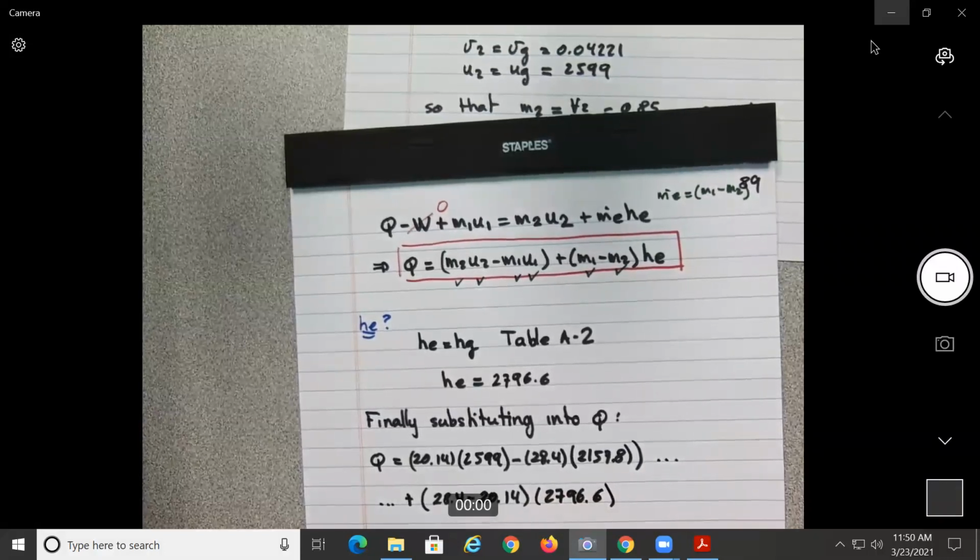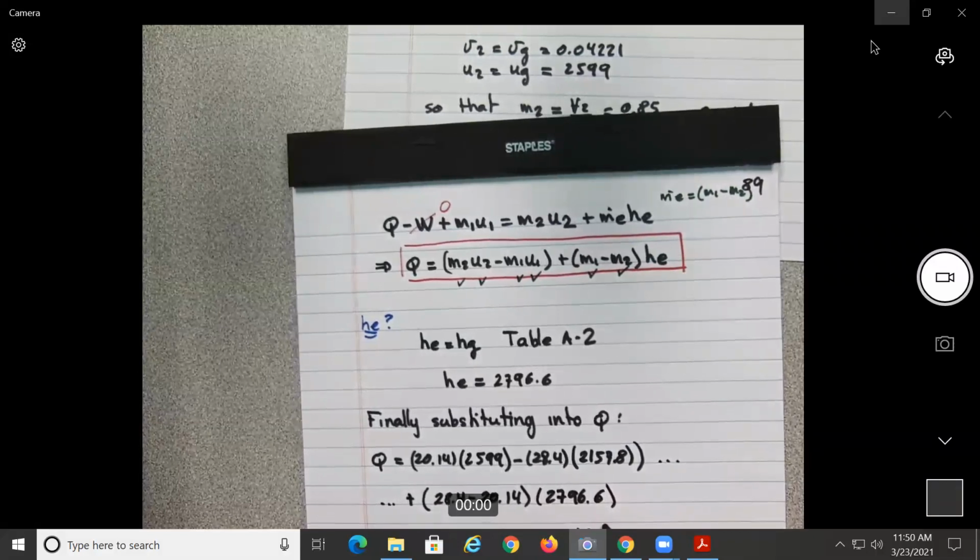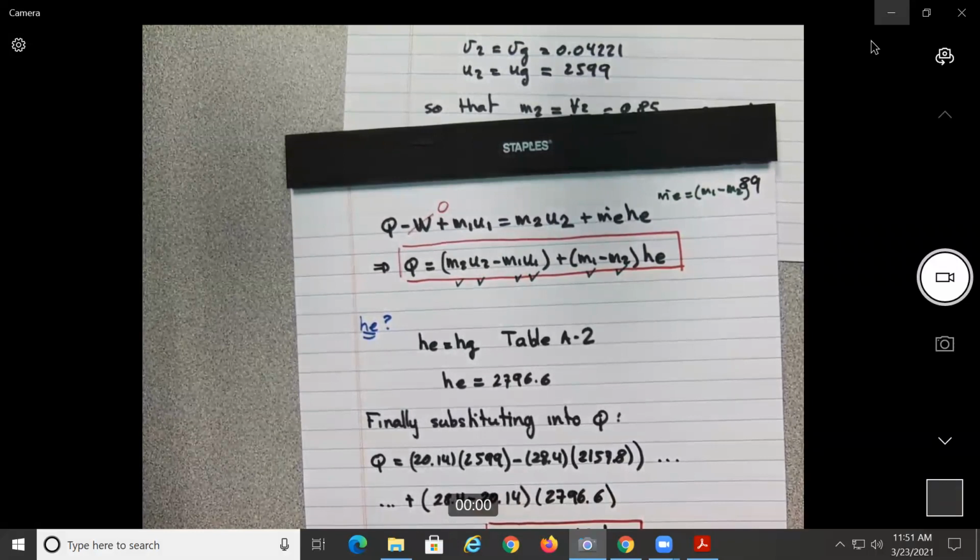And if you do the calculation, this gives you a heat transfer of 14,162 kilojoules.